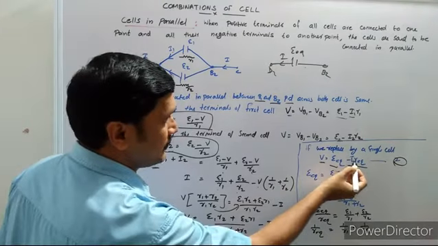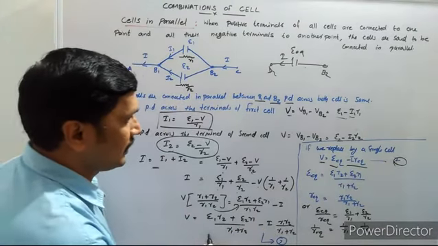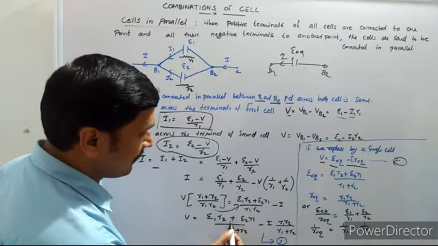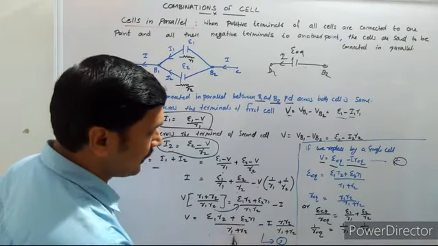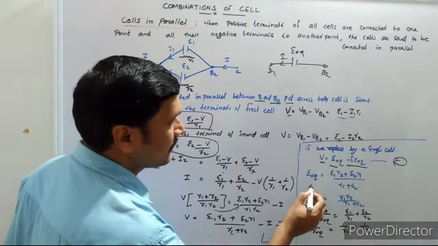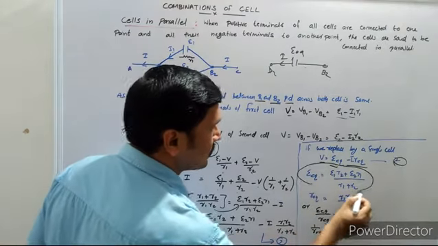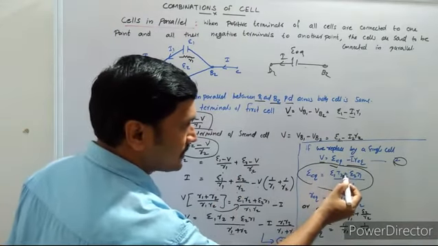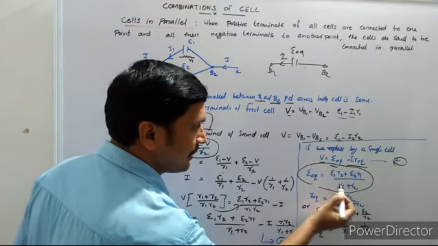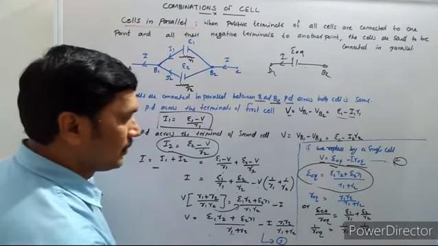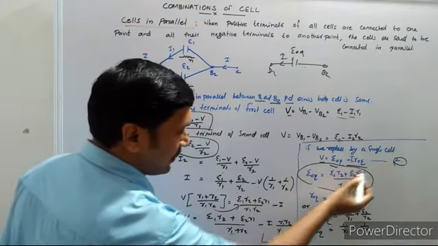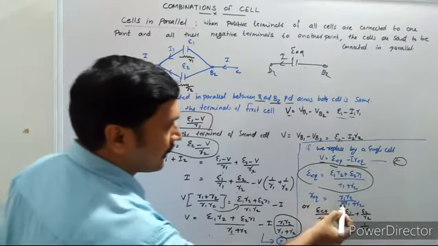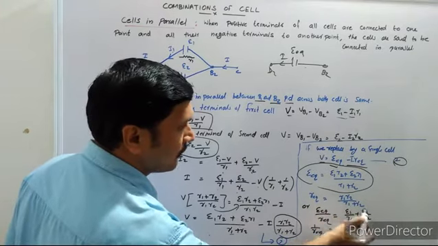When we compare equation 1 and 2, we get E equivalent is equal to (E1 R2 plus E2 R1) divided by (R1 plus R2). That is the equivalent EMF of the two cells. Then here I into R equivalent, so instead of R equivalent we have R1 R2 divided by R1 plus R2.